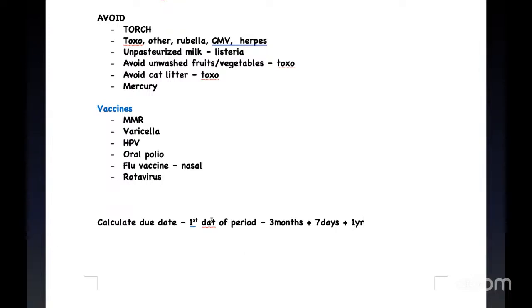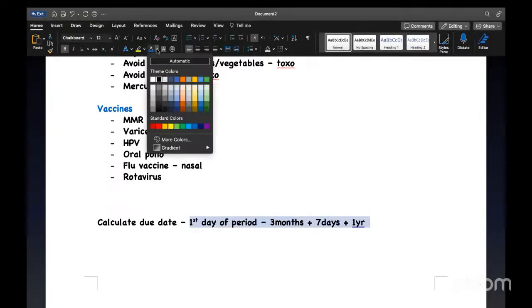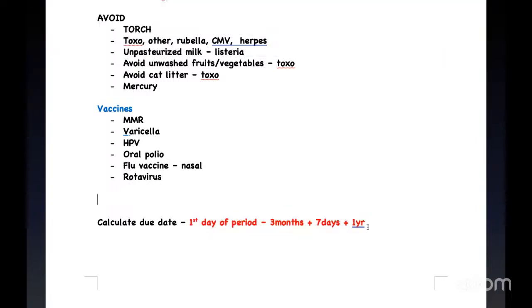Some people use the last day of their menses. Whatever works for you is fine. Then you calculate it, teach her the things she should do, and let her go. So these are little things your board may ask you that you should be comfortable discussing.